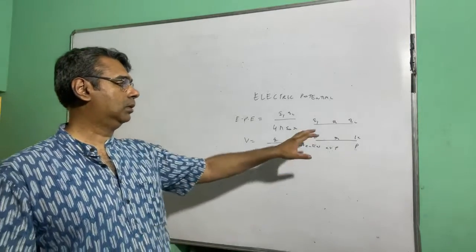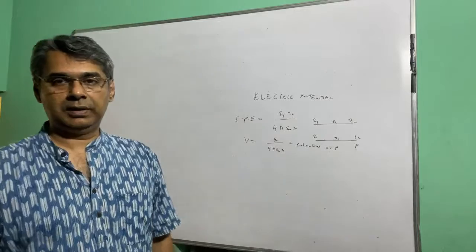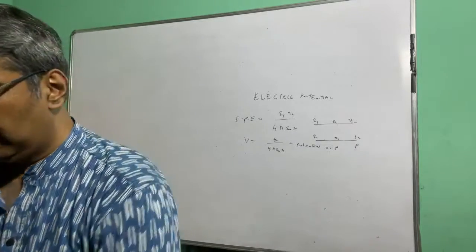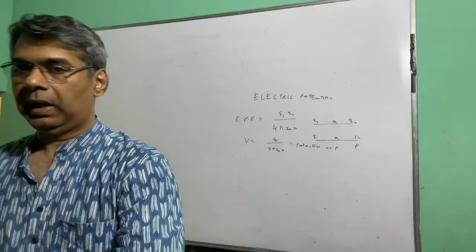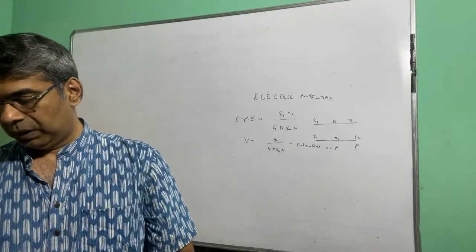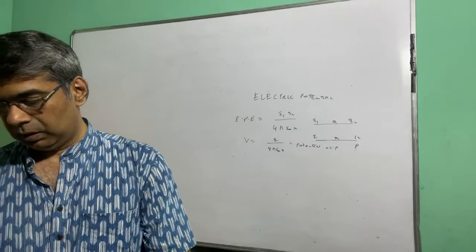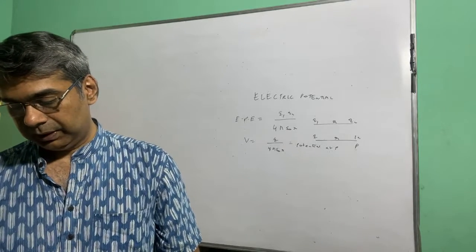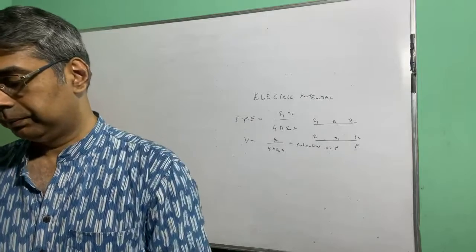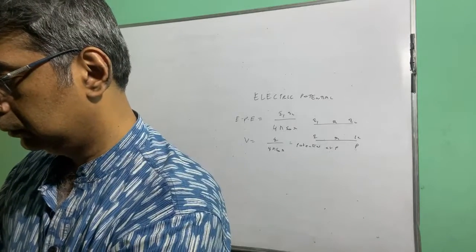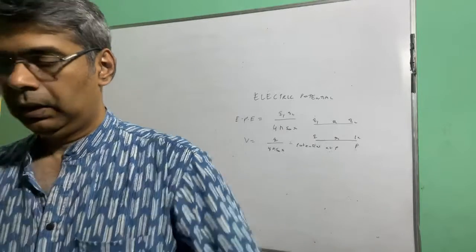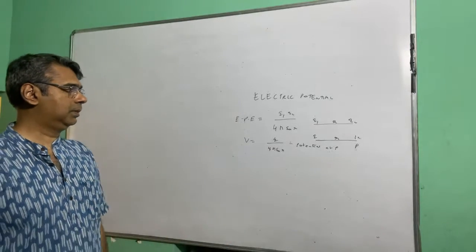If you remember, when we were doing the derivation of electric potential energy, we had said that the two charges are initially at a separation of infinity, and later on the separation between them becomes r.